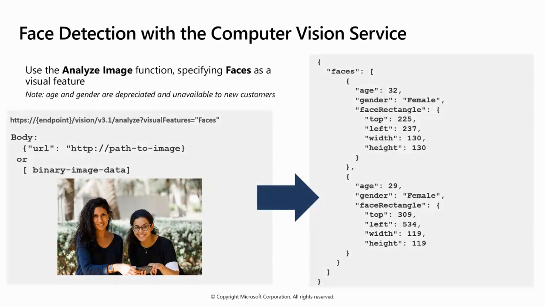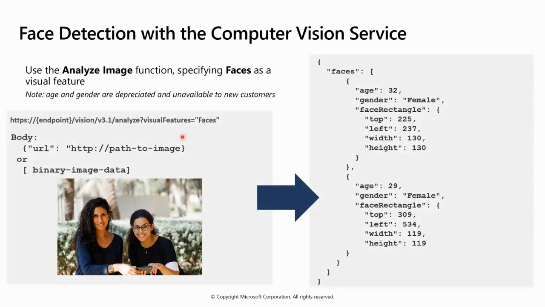In the case of one or more faces, the response will contain information about their location in the image, as well as the discovered person's traits, such as this JSON on the right.